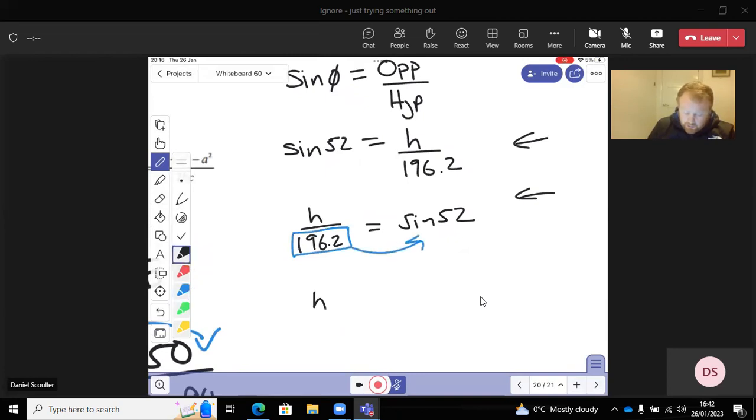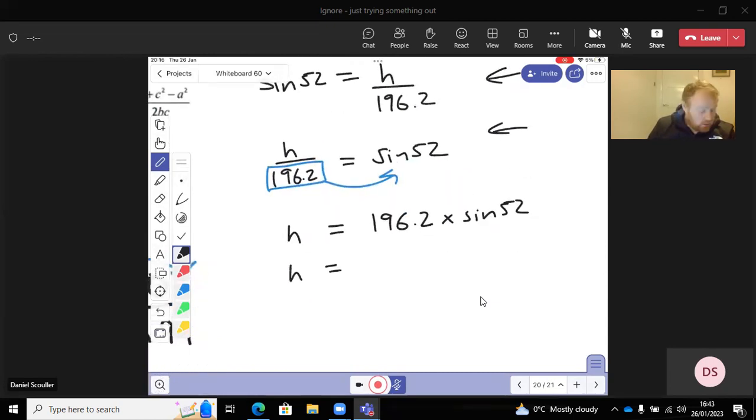So divide on the left hand side becomes a multiple on the right. So my height, if I put that in the calculator, 196.2 multiplied by sine 52 is 154.6 in meters.